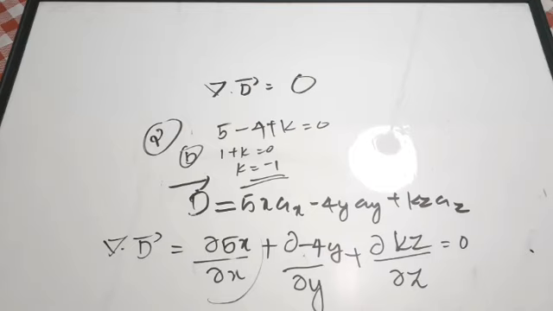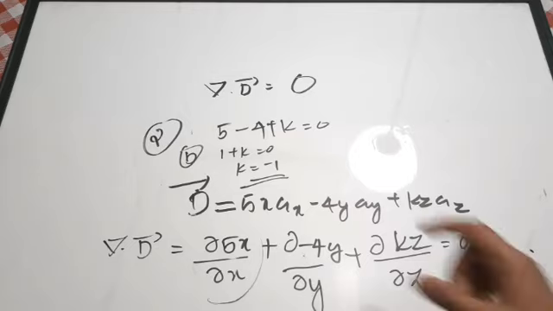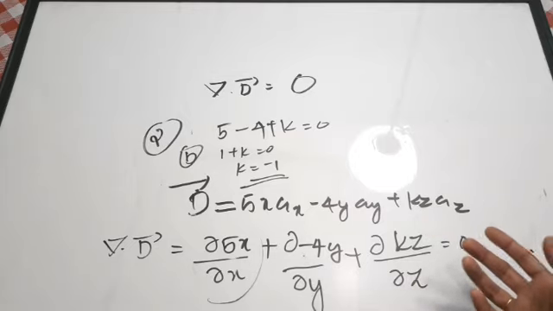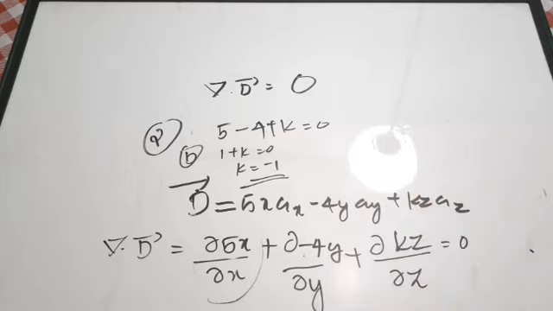You just need rho V equal to 0. By applying in the Maxwell's equation, you have del dot D equal to rho V. So you can substitute rho V as 0 and then take the del dot D, and by evaluating, you will be getting K equal to minus 1, which is option B, your correct answer for your second question.